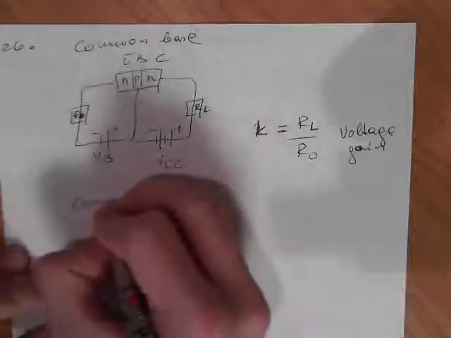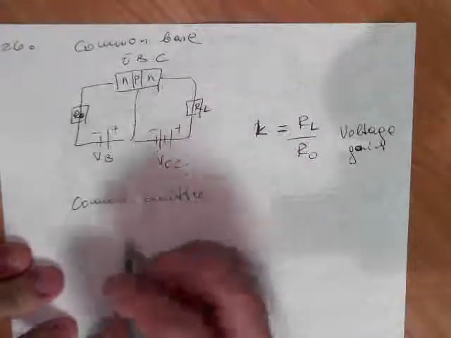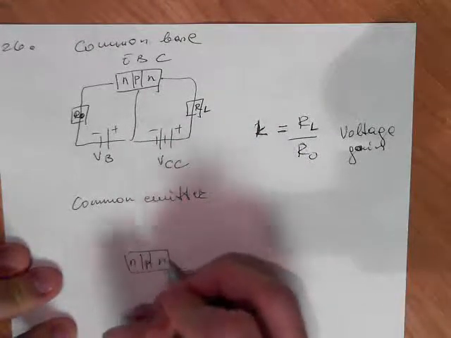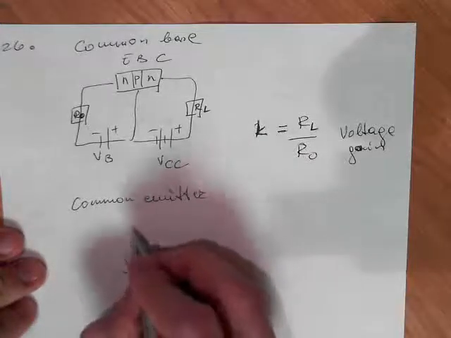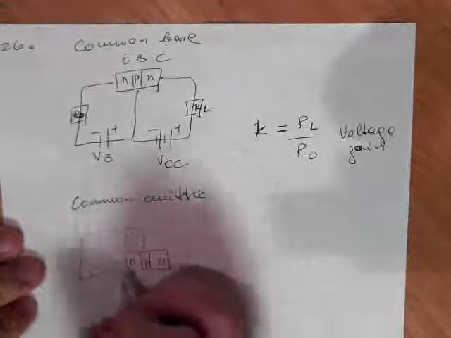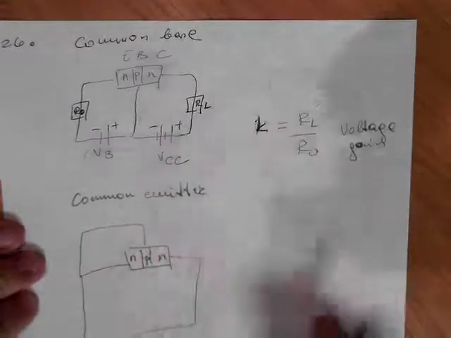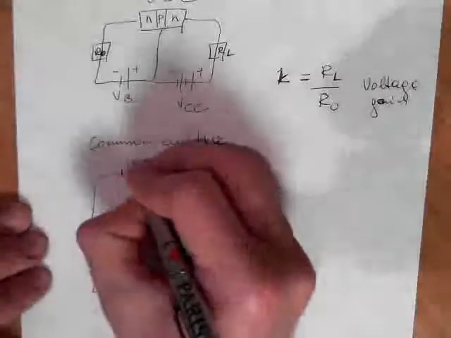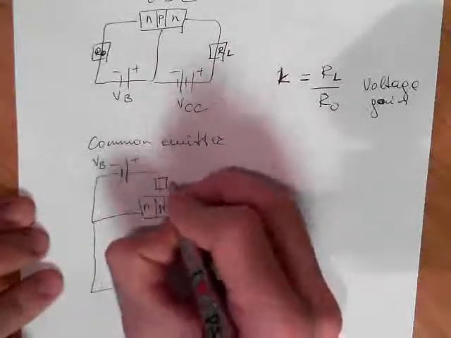So now common emitter. We get an NPN transistor. This is minus, this is plus, and this is VB. This is resistor RB, the base resistor. This is the base voltage.